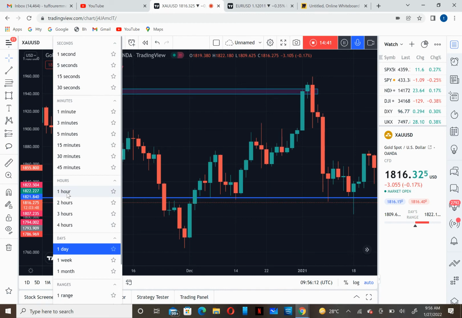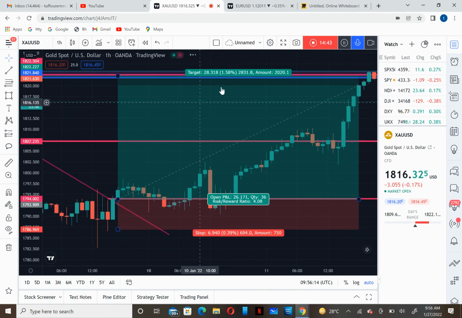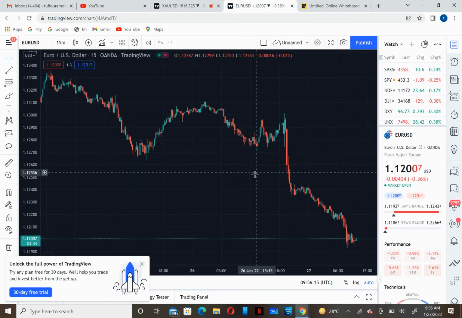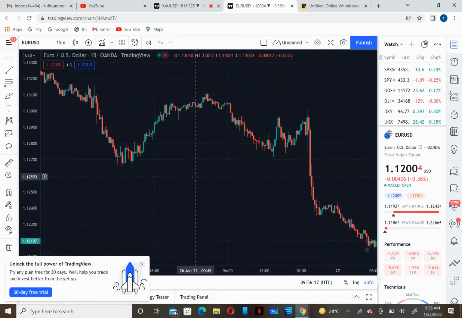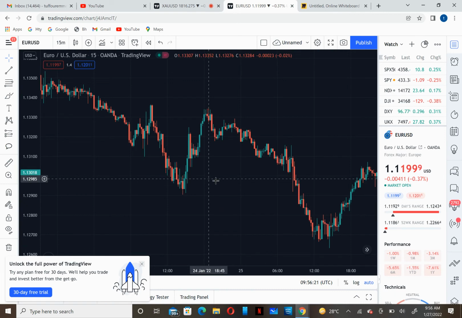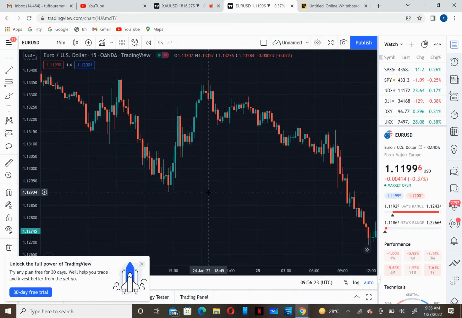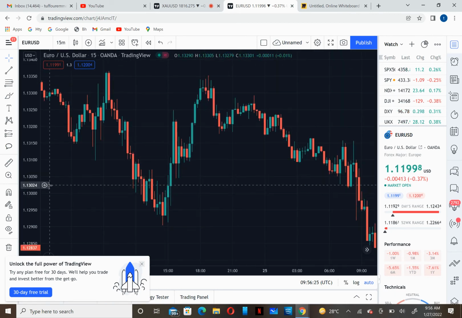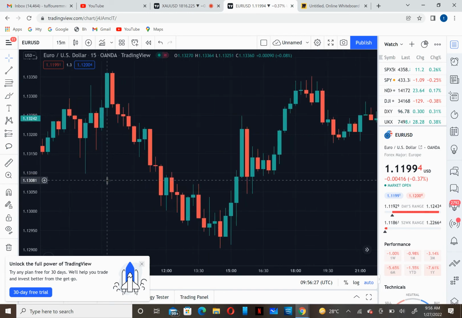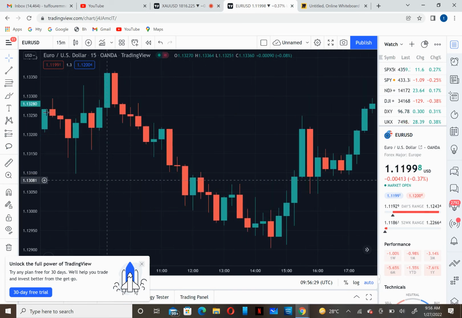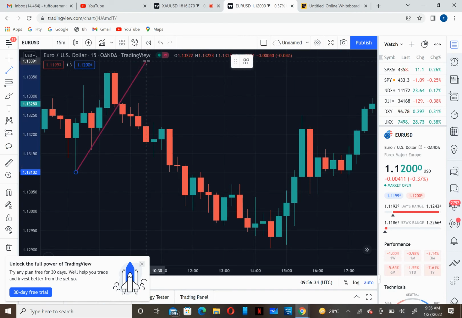And not only with gold, all charts. Go to EUR/USD, you find the same thing there. Like all the charts, all time frames, it's working all the time. It's working 100%. You can see this uptrend here, this short uptrend here.